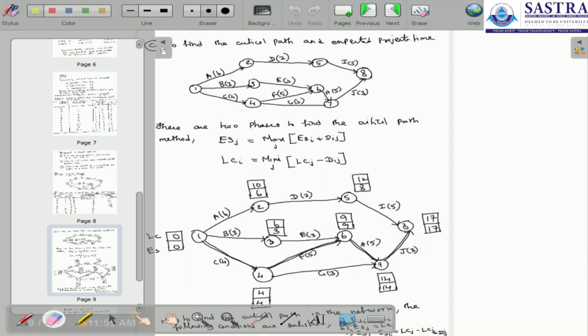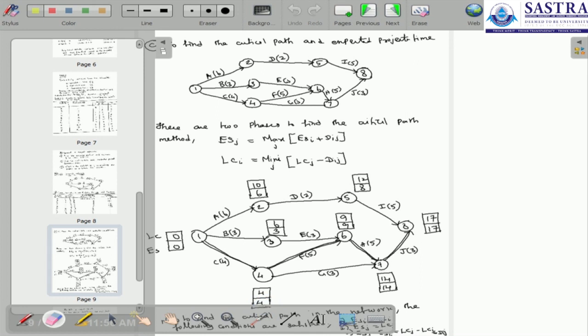Through this formula we identify here that the early start is equal to 0, and the early start 0 plus 6 is equal to 6. I mean, from node 1 to 2 it is 6, and node 1 to 3 is 0 plus 3, which is equal to 3, and node 1 to 4 there is an activity 0 plus 4, which is equal to 4.